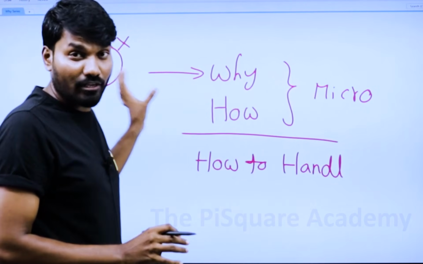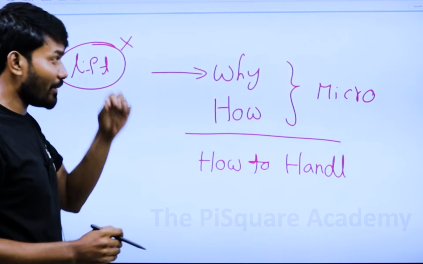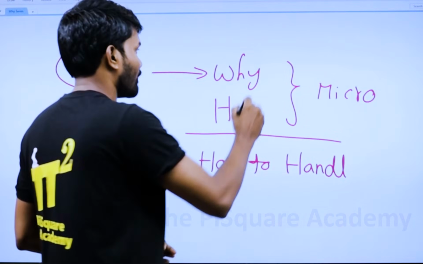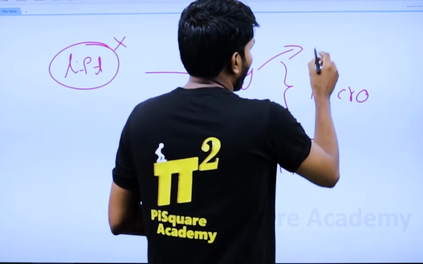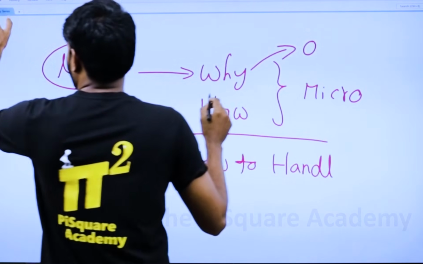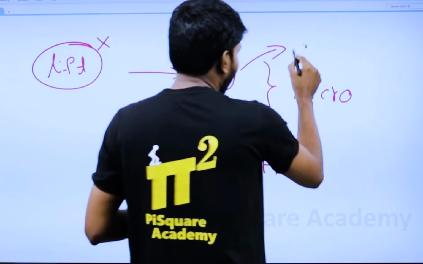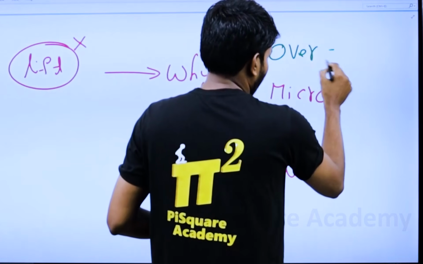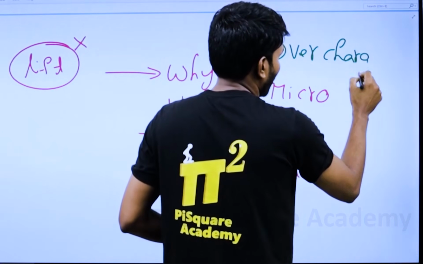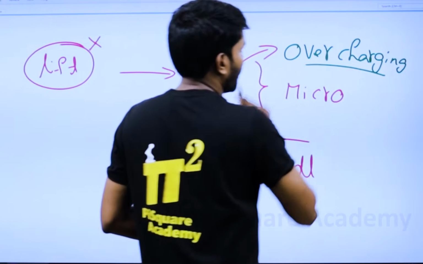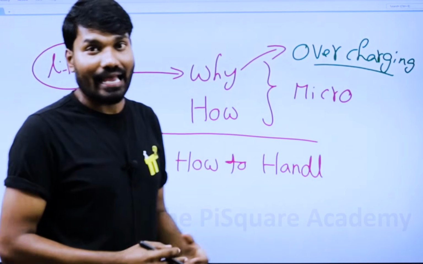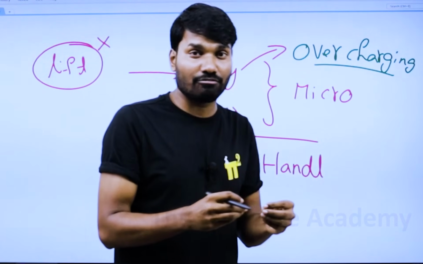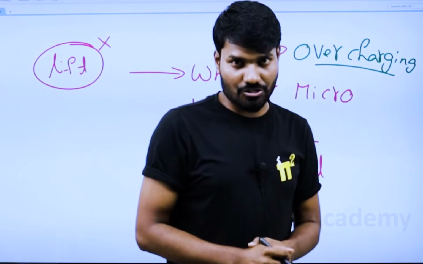But yes, the lift has a reason, I'll talk about that. The main reason why this happened is overcharging of the battery at the home itself. In the home itself, he must have overcharged.